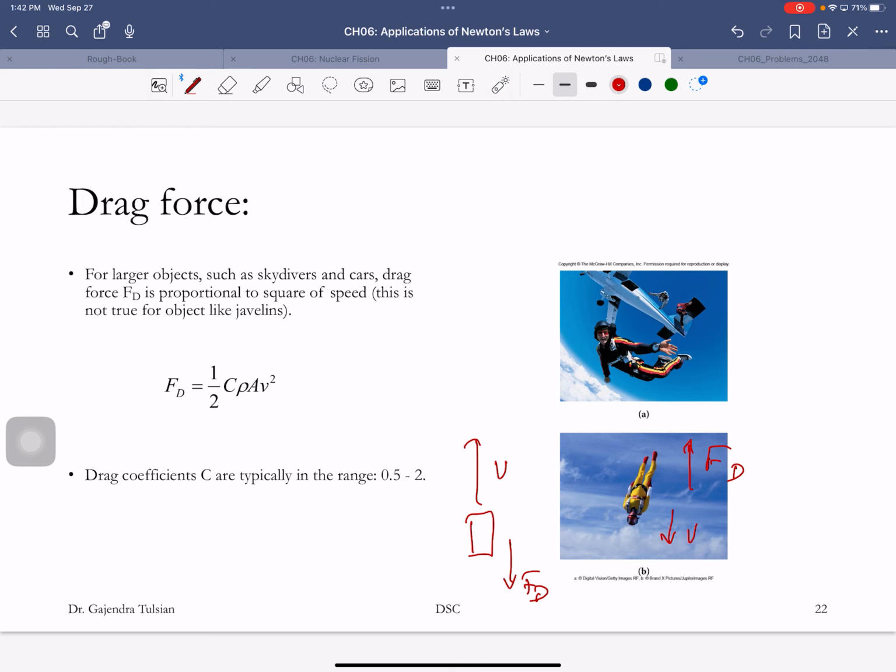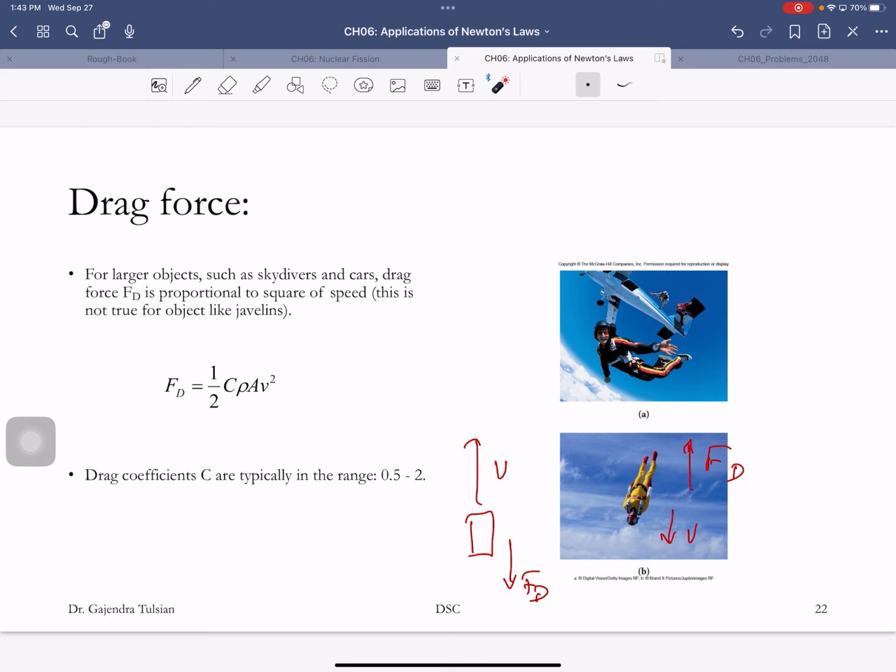All right, here's the drag coefficient, and that depends on the material and stuff like that. So if you want this to be smaller, then you wear smooth clothing and stuff like that.